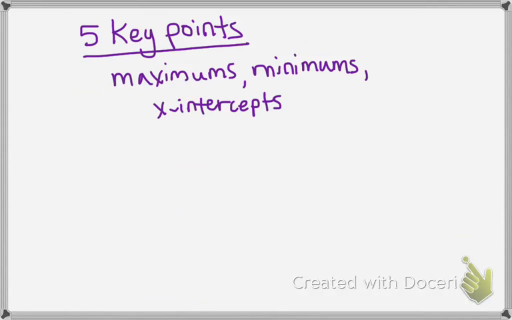And just depending on whether you're looking at a sine curve or a cosine curve will depend on how many of each you're looking for. But remember, there are only going to be 5, so that means we're going to double up on a couple of these, and then that'll give us those 5 key points.